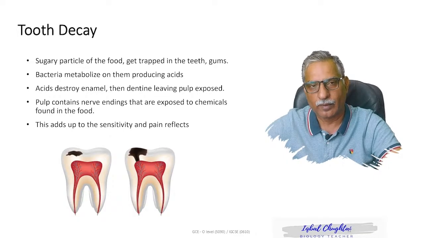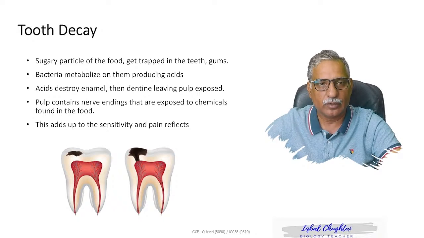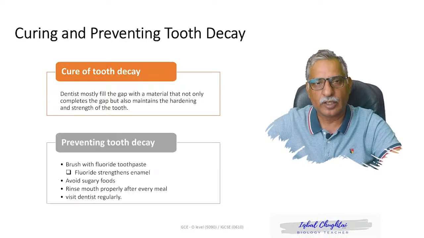In order to avoid such a condition, what do we need to do? We need to brush our teeth regularly with fluoride toothpaste, because fluoride strengthens the enamel. We must avoid eating sugar-rich food, or if we do eat, we must rinse our mouth properly with plenty of water.